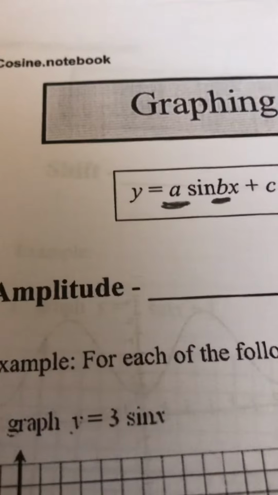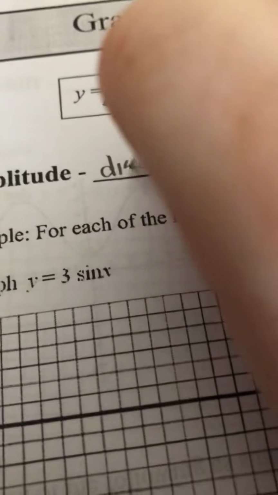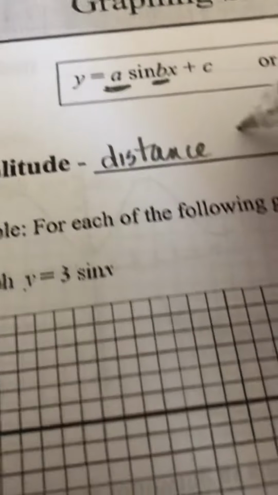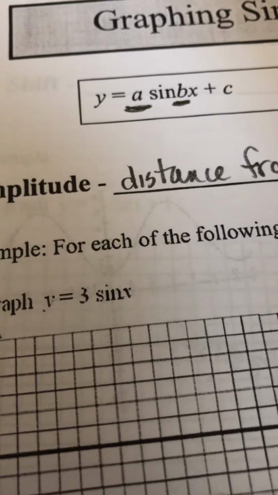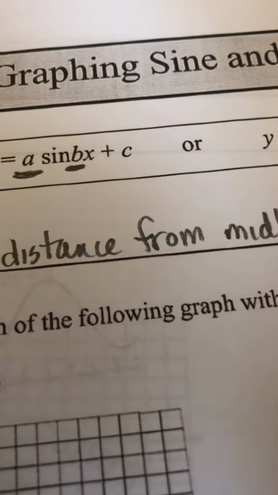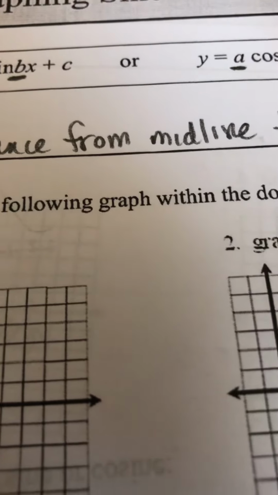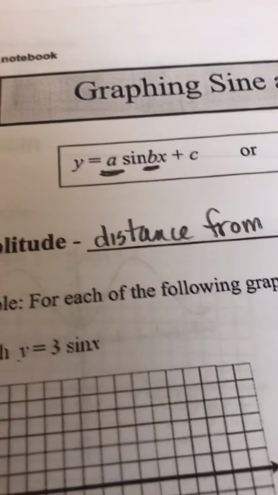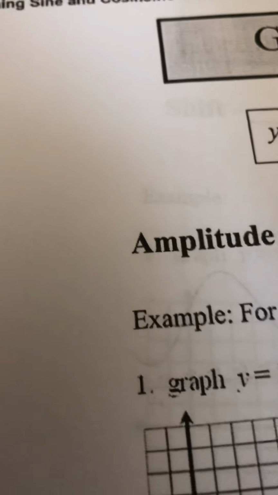The first thing we're going to look at is the amplitude. The amplitude is what we call the distance from the midline to the max or the min. The amplitude is also equal to the maximum value minus the minimum value over 2.